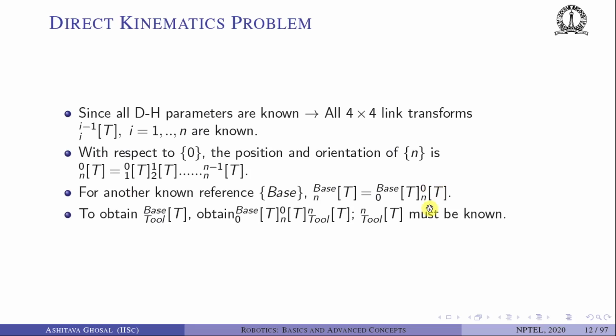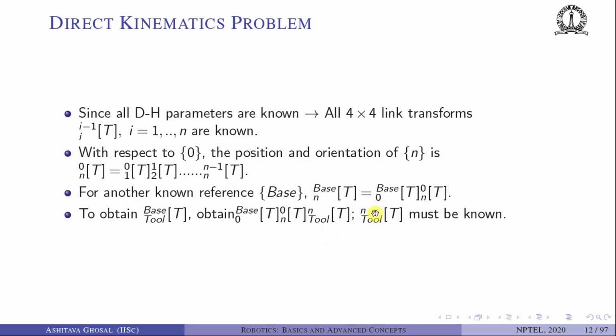There is also an important thing called the base to tool transformation. Remember the tool coordinate system comes after the nth joint. The origin in our DH convention is on the joint axis, and the link is after the joint. In a robot, that last link, the end effector, can be changed. So we can have different end effectors for the same robot.